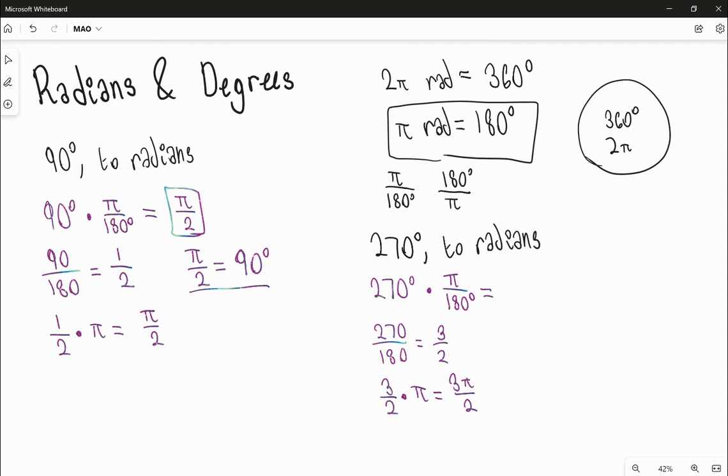So your answer here is 3 pi over 2, which means that 3 pi over 2 is equal to 270 degrees.